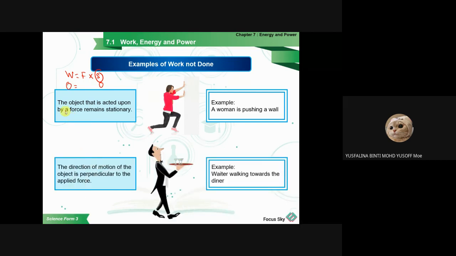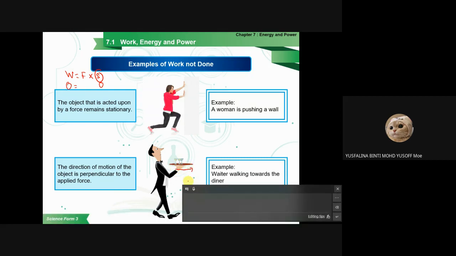Another case is when the direction of motion is perpendicular to the applied force. Here the example is the waiter walking towards the diner. The direction of the applied force is here, and the motion is there.